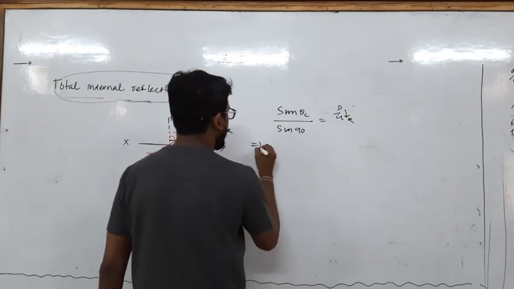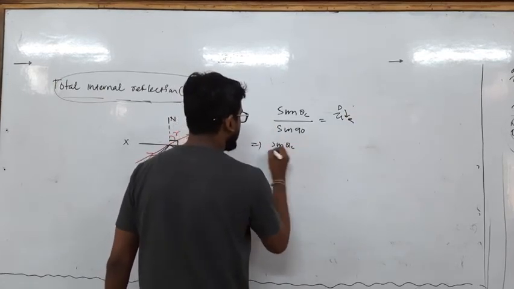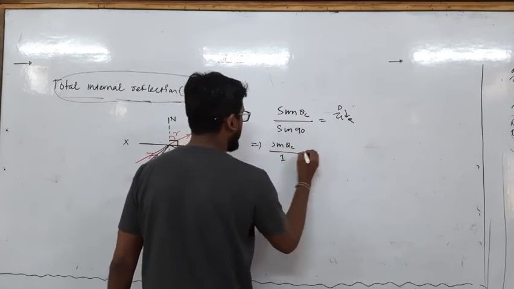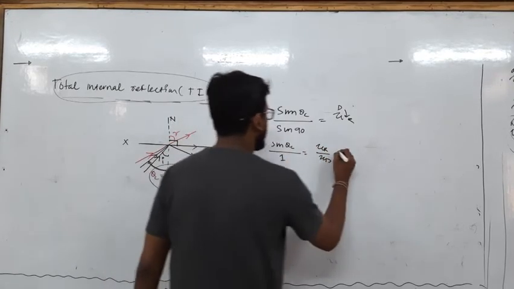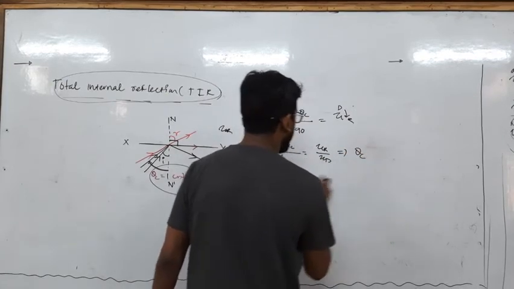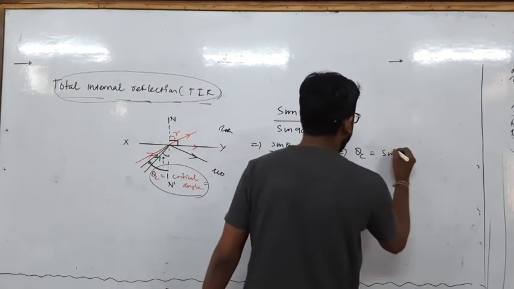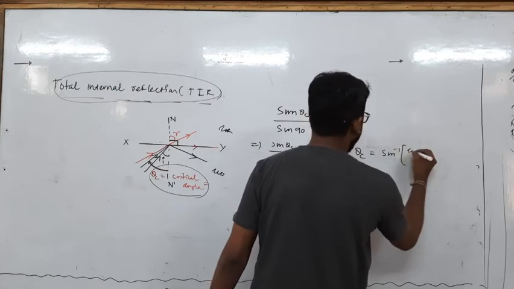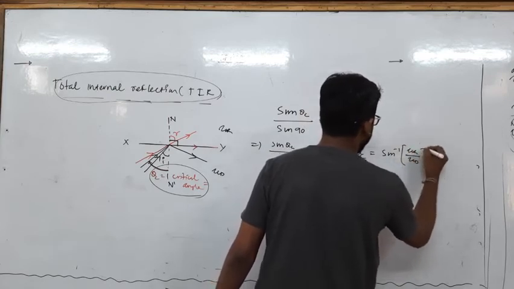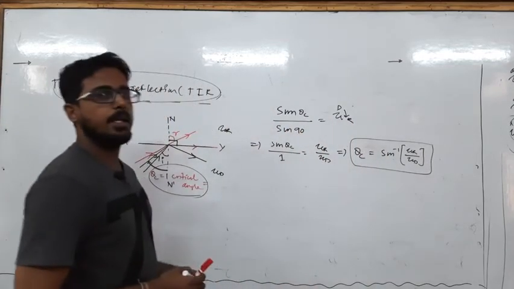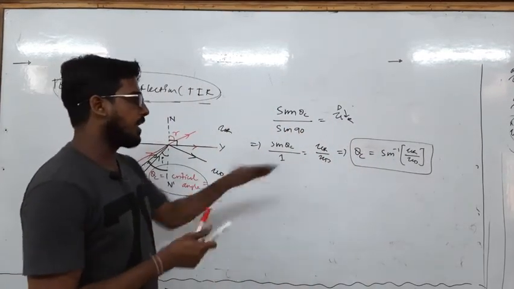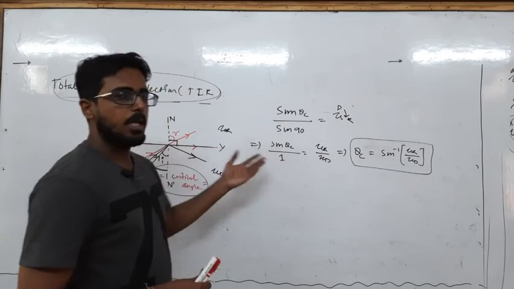So by applying Snell's law, sin i divided by sin r. When i is equal to the critical angle, the refracted angle will be 90 degrees, so sin theta c by sin 90, which is 1, equals mu r by mu d. So the value of the critical angle theta c will be sin inverse of mu of the rarer medium divided by mu of the denser medium. You have to remember this.